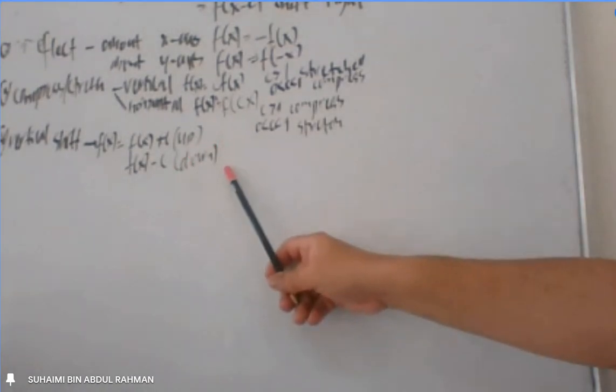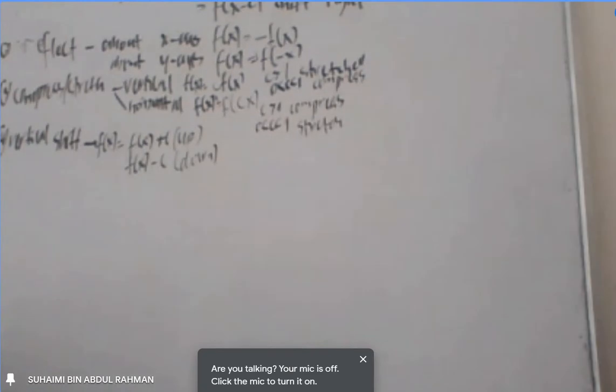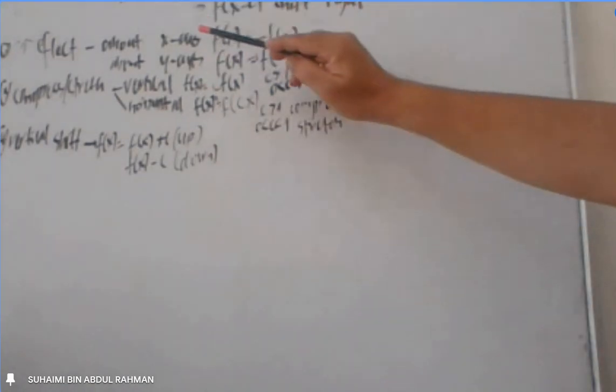And also the last one, we have vertical shift. When we talk about vertical shift, it can be either shift up or shift down. And all those we have to do one by one.